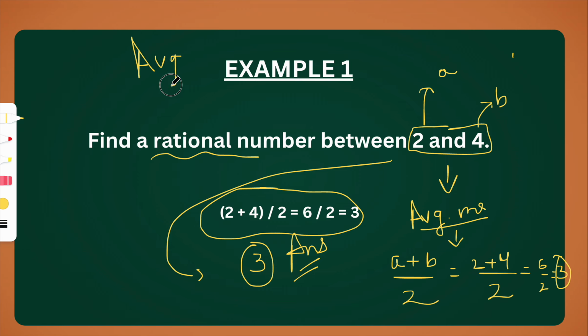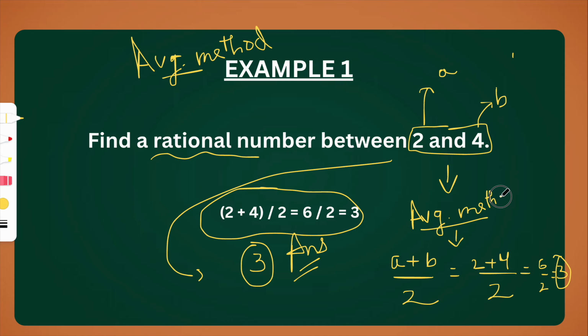Example 1 using the average method. इसमें बेसिकली हमने हमारे दो नंबर दिए होंगे, 2 and 4 here in the example. तो हमने एक नंबर को a माना, दूसरे नंबर को b माना और फिर उसमें एवरेज मेथड अप्लाई किया. वो बोलता है कि अगर कोई भी दो नंबर दिए हो तो हमें उसका एवरेज निकालना होता है और जो एवरेज आता है वो बेसिकली एक रैशनल नंबर होता है.